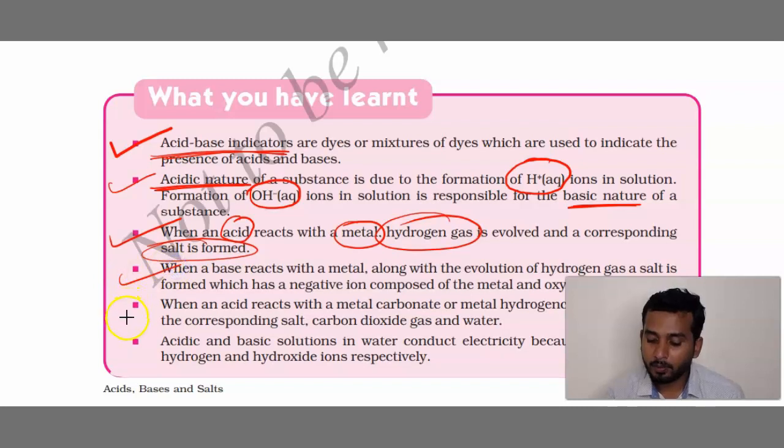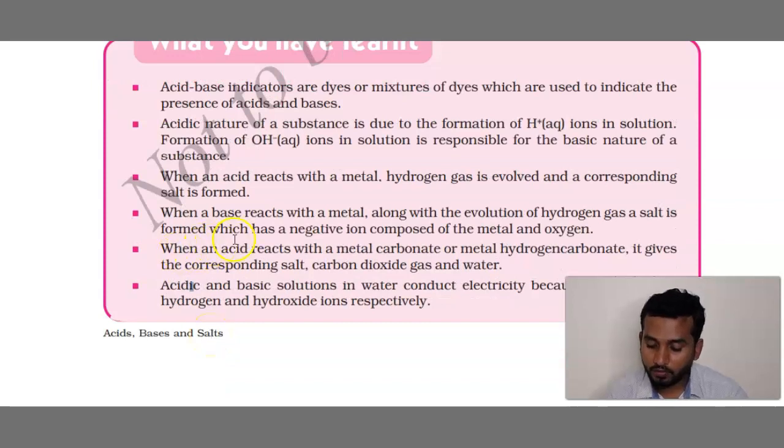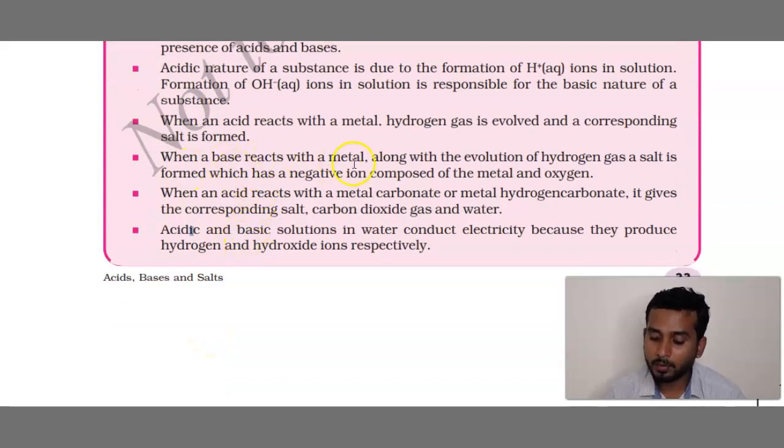Next, when a base reacts with metal, now we can see here, when a base reacts with a metal, along with evolution of hydrogen gas, a salt is formed which has a negative ion composed of the metal and oxygen. Here, what did we observe?